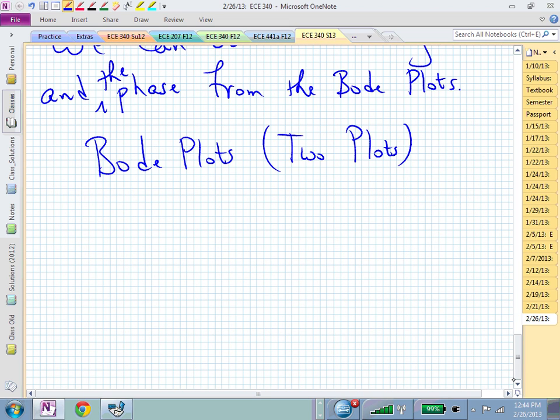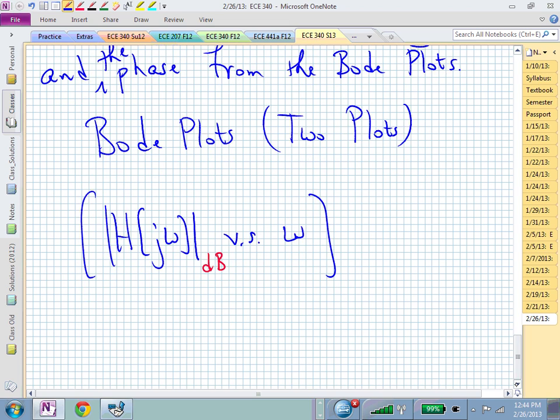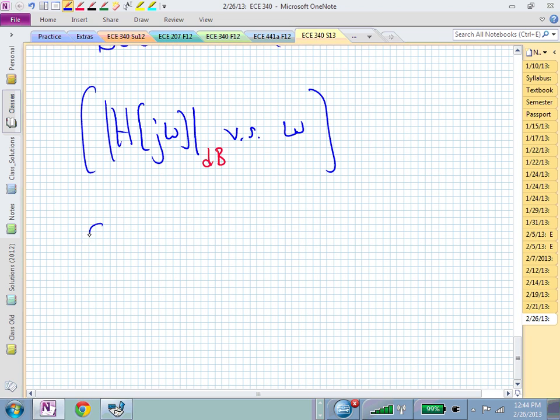We have the magnitude of H of j omega versus omega, where this magnitude is typically in dB for the Bode plot, and we have the angle of H of j omega versus omega.